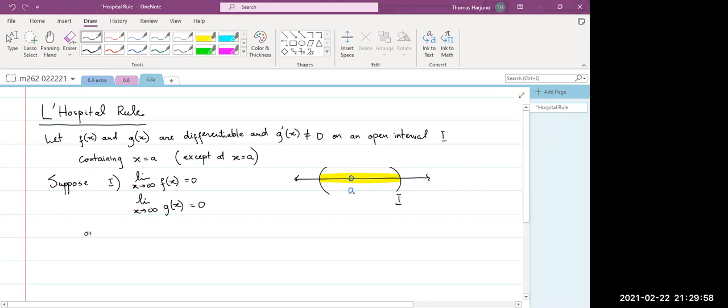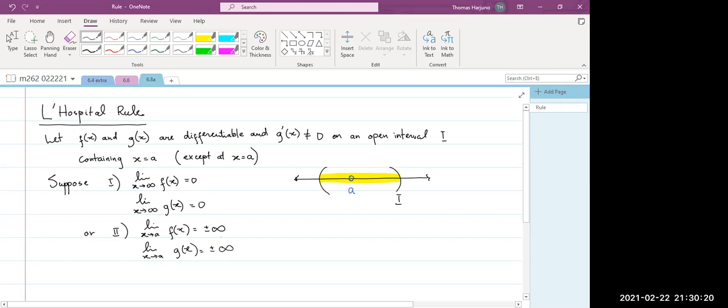Or the second case, limit x approaching a of f(x) is positive or negative infinity, and limit x approaching a of g(x) is positive or negative infinity.